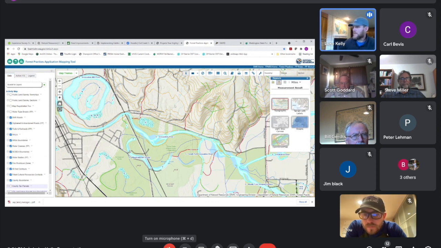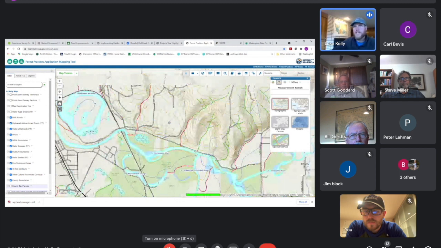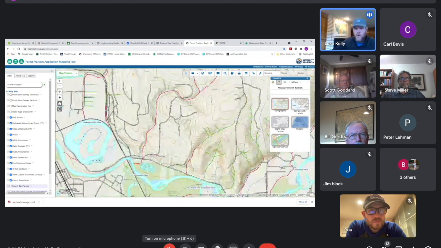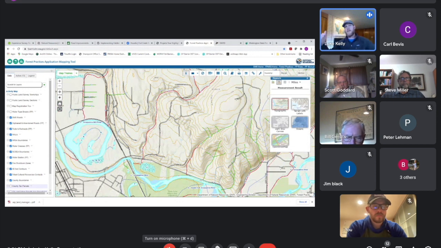And another tidbit, since we're talking technology, if you just Google WA DNR LIDAR portal, LIDAR is like infrared survey from the air, and it can penetrate canopy, and basically it shows the actual ground topography to incredible accuracy. And it's amazing.